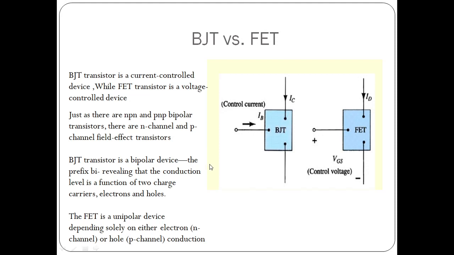So there are two types of charge carriers here, electrons and holes. However, field effect transistors, or FETs, are unipolar devices. That means here we have either electrons in case of N-channel FETs or holes in case of P-channel FETs, which act as charge carriers.